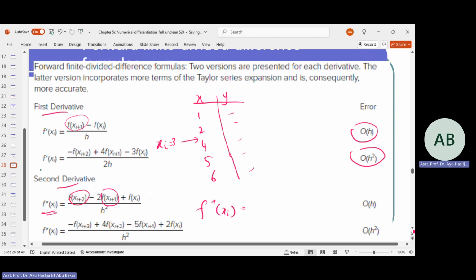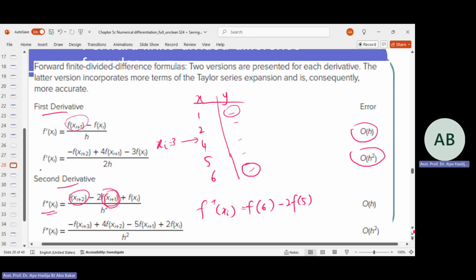Okay, so here f(xi plus 2), plus 2 forward, it should be this one. Okay, it should be f6, forward 2 points, then minus 2 multiplied by f, 1 point ahead, so this one would be f5.